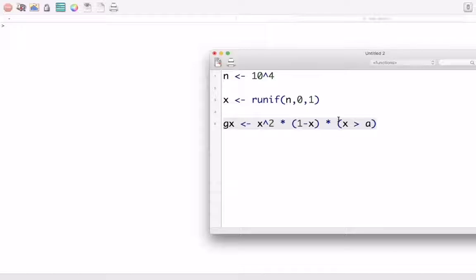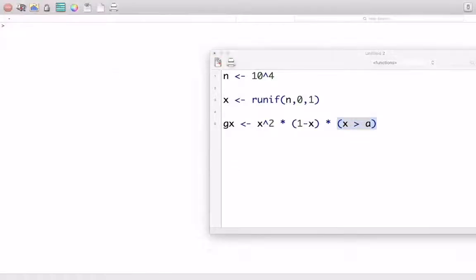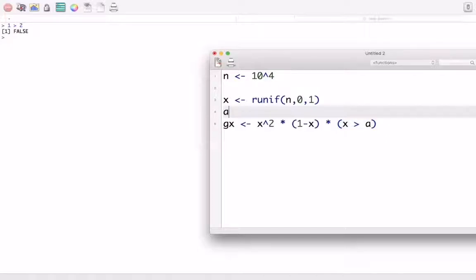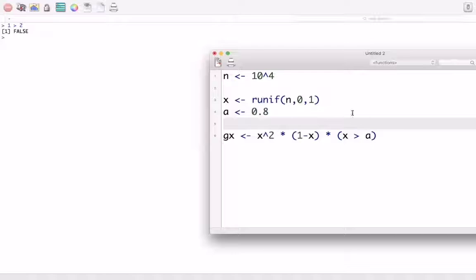This part here plays the role of the indicator. In R, this is a logical checker. For example, if you put 1 is greater than 2, it's false. So this represents nicely the indicator function. Of course, for A I have to put some constant, for example 0.8, close to 1.